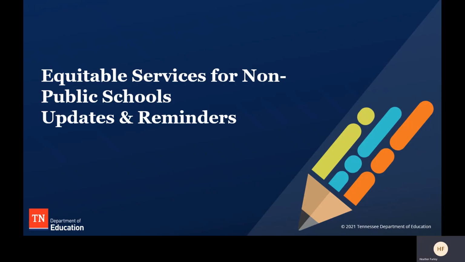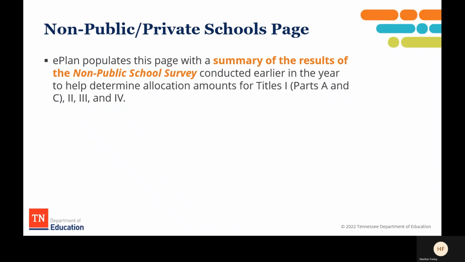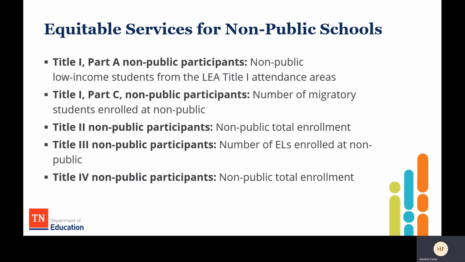Equitable services for non-public schools updates and reminders. Remember that the non-public private schools page auto-populates from your non-public school survey. And this is a reminder of where each one pulls from, such as, for example, the Title I Part A comes from non-public low-income students from the LEA Title I attendance areas.